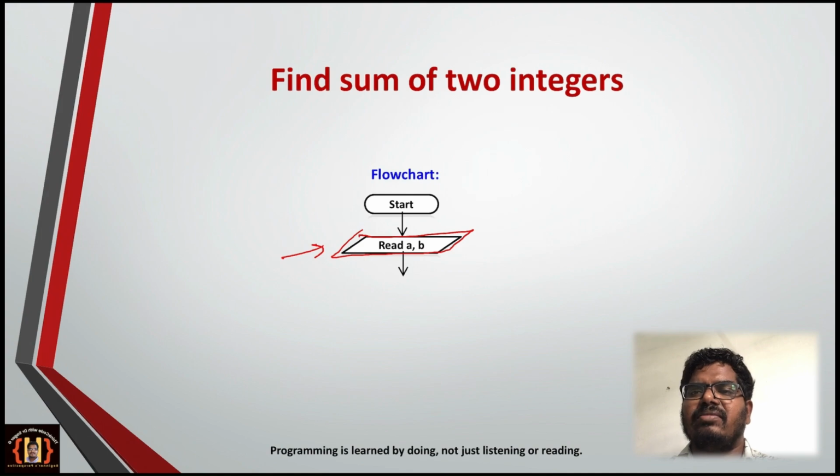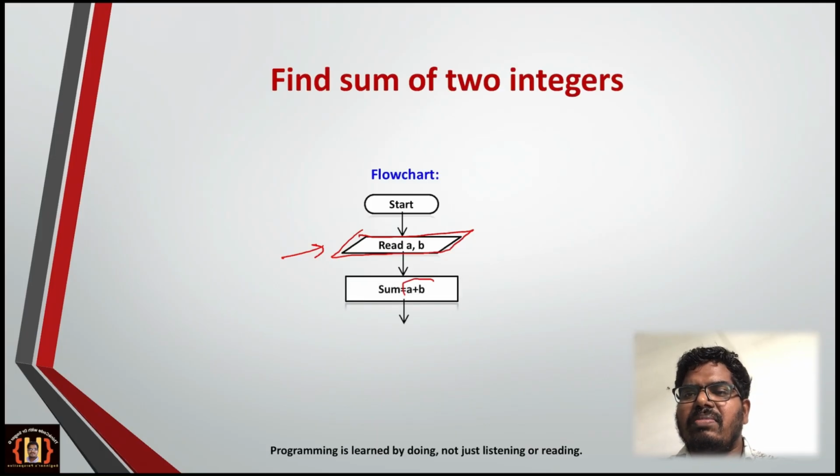We have to add them. That means it's a process. Processing means we have to compute. So what is the computation I am going to perform? It's simply the addition of A and B, and that addition I am storing in the variable called sum. That's why for this processing I am using a different symbol called rectangle.